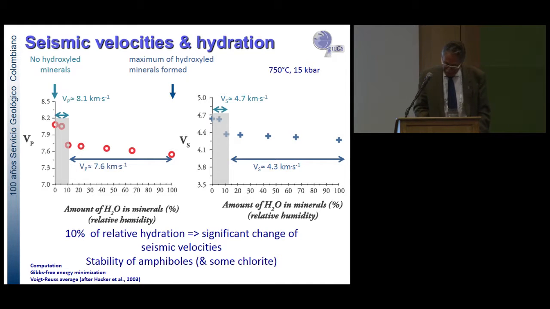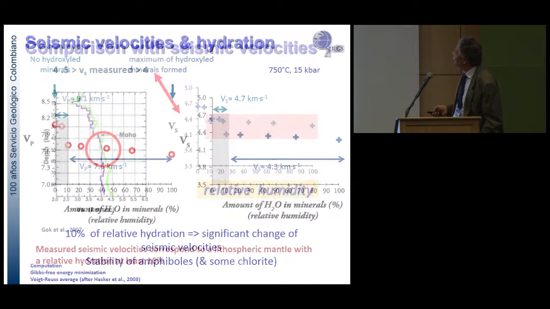So there is not a very good coincidence, but the trend is absolutely right. Hydrating the mantle would leave you with the same wave velocities as observed by the geophysicists.